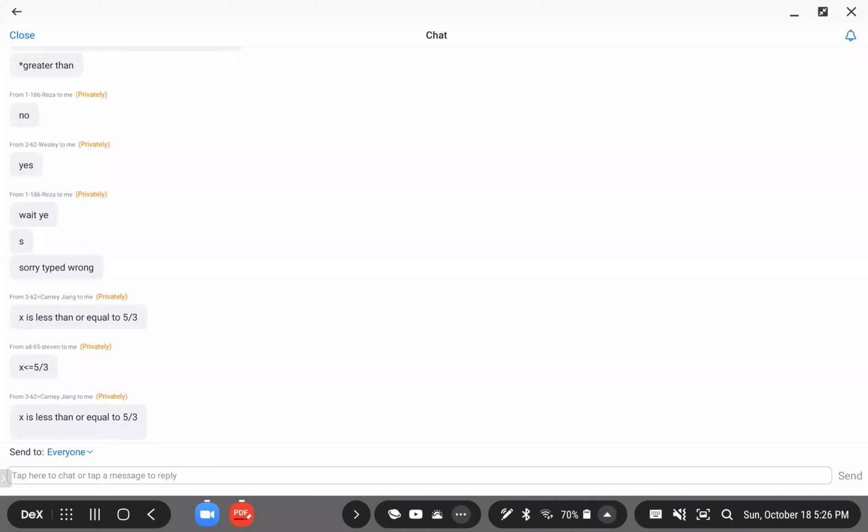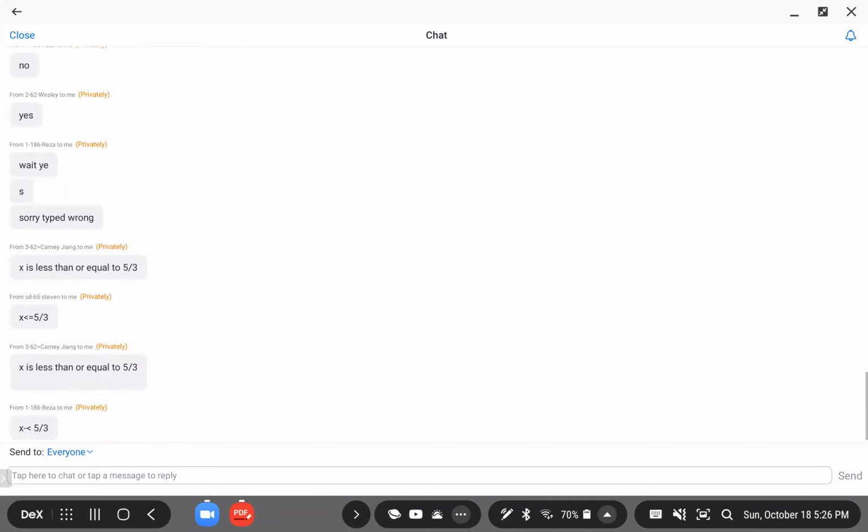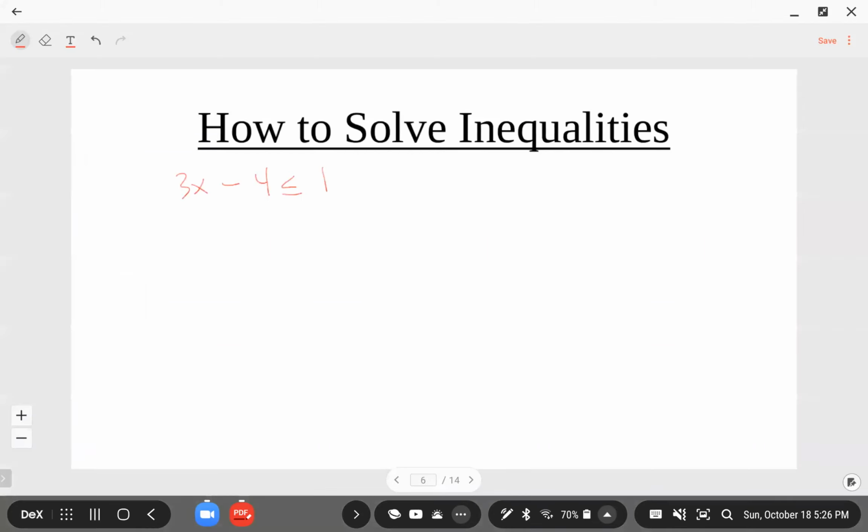So let me walk you through it then. Remember, this is at first just a one-step equation. Just move -4 to the other side. 3x is less than or equal to 5.